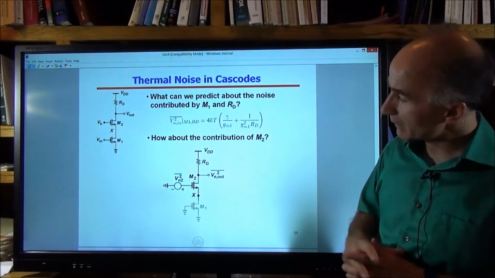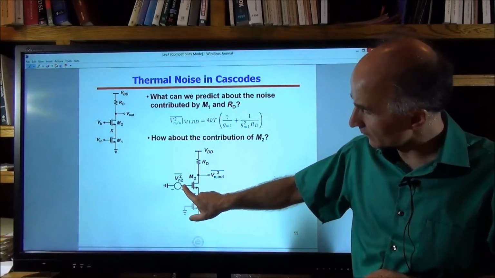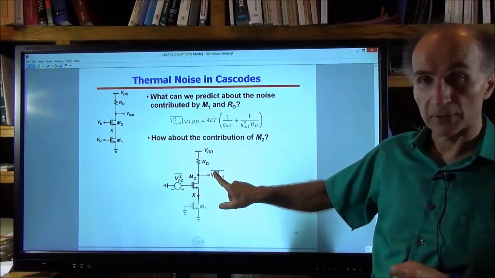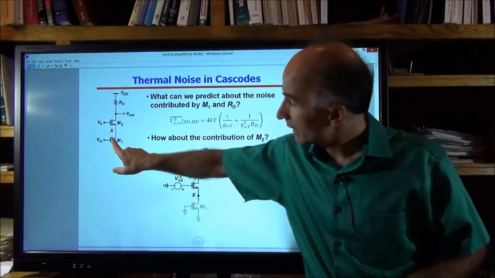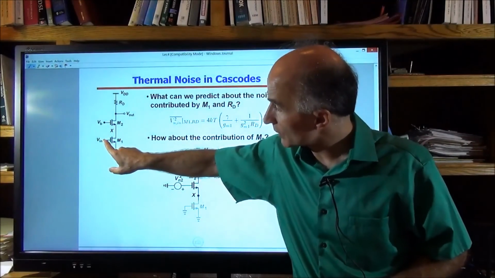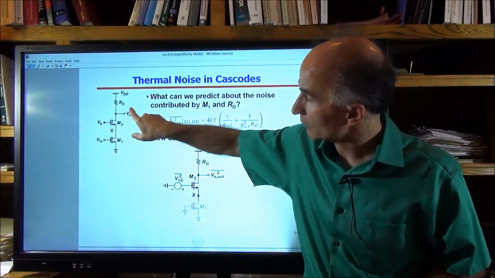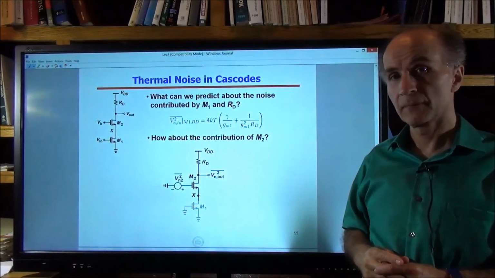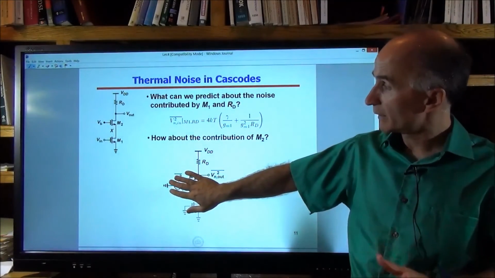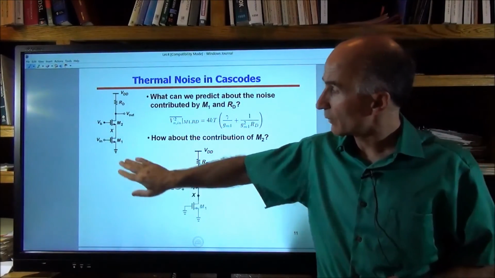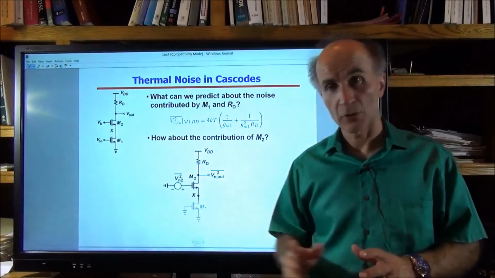So the gain that VN2 experiences as it travels to the output is definitely much less than the gain that the voltage source of this guy would experience as it travels to the output. That means that the noise contribution of VN2 is definitely much smaller than the noise contribution of M1 and its associated voltage.